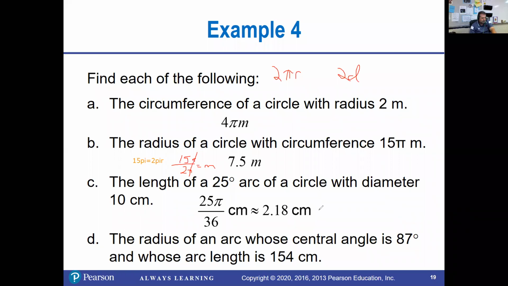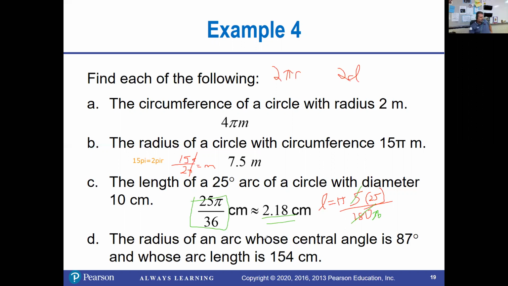We want L is equal to pi, radius is 5, and theta is 25, all over 180. Where they get that number from is 5 goes into 180 36 times. So the approximate length is this. Now, what is the difference between approximate and exact? This is exact. This is approximate.